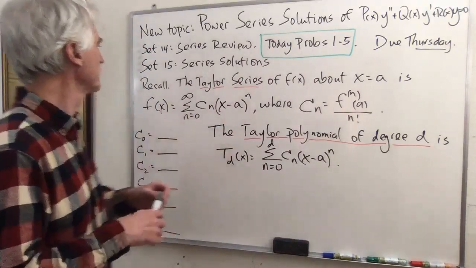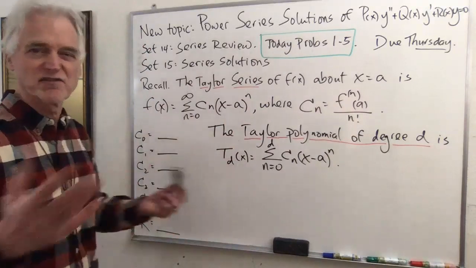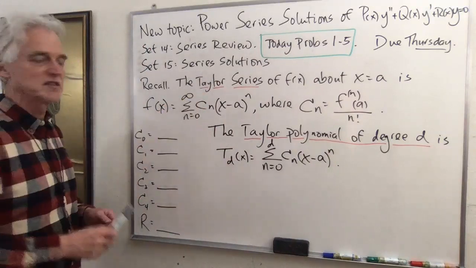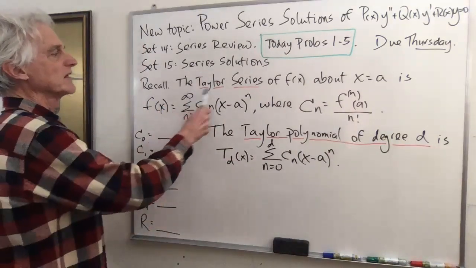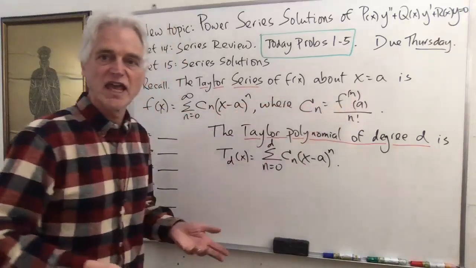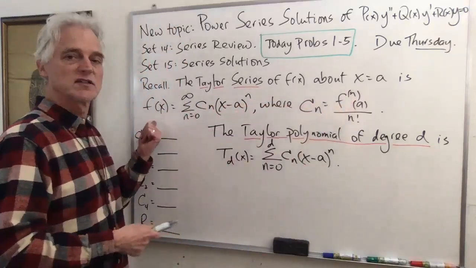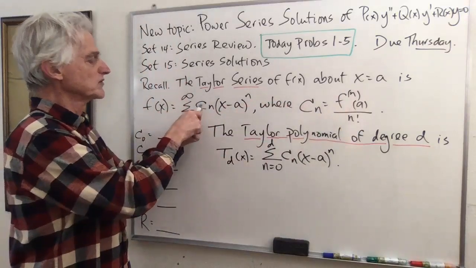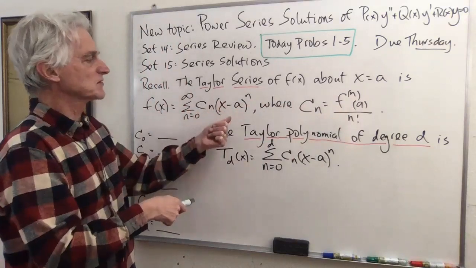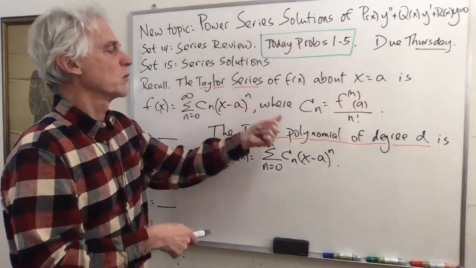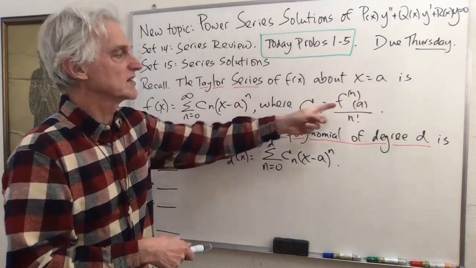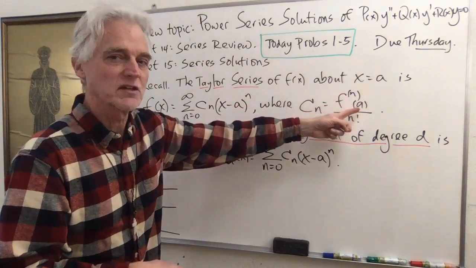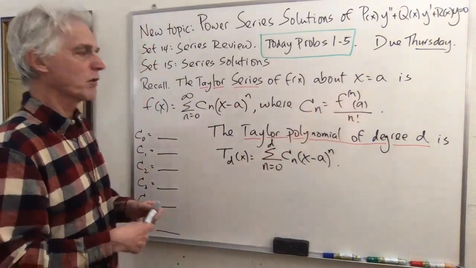Okay, so this is our review, but it was kind of a tough topic in Calc 2. So let's remember the Taylor series of a function f of x. The Taylor series of that function about x equals a, called the center, is f of x equals the sum from n equals 0 of Cn, the coefficient, times x minus a to the n, where Cn is the nth derivative of the function evaluated at the center a divided by n factorial.